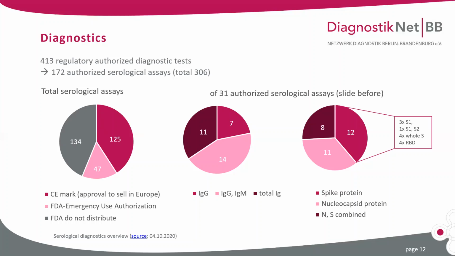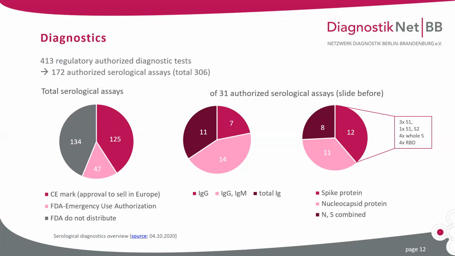From these 31 authorized serological assays from the slide before, you see that 7 of them measure IgG, 14 measure IgG and IgM, and another 11 total immunoglobulins, so the combination of all of these subclasses of immunoglobulins.